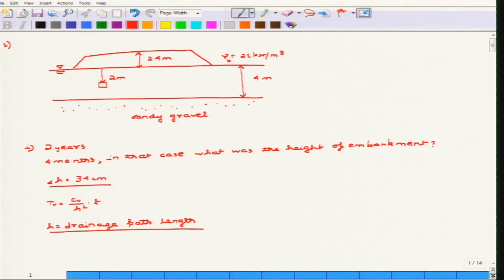In this case the drainage path length is to be halved, because the drainage is both in the bottom as well as in the top direction. So the drainage of the clay layer is in both directions, so H is equivalent to H by 2, or equivalent to 2 meter, because the height of the clay layer by 2 is 2 meter.